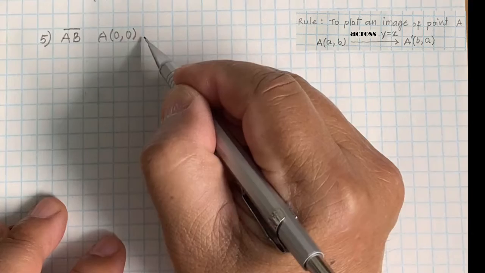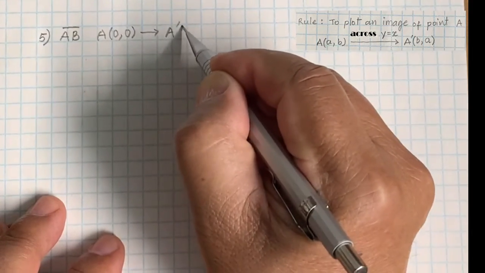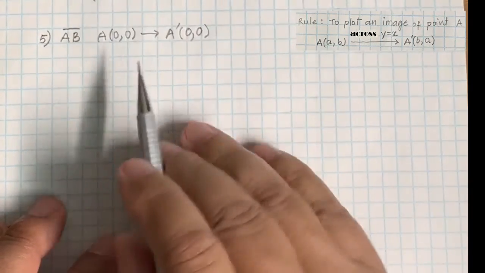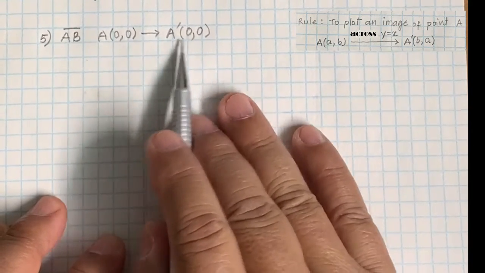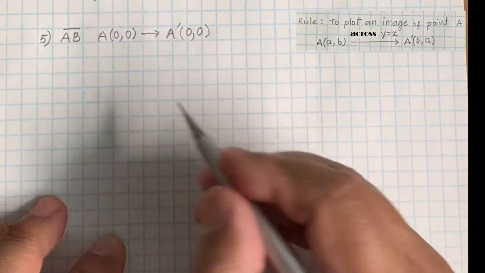So guess what? A prime will be what? (0, 0) as well, right? So you switch this 0 for that 0. Well, they are all 0 anyway. And then B is going to be what?